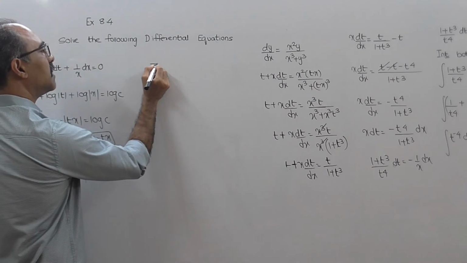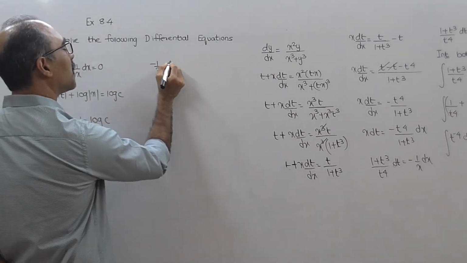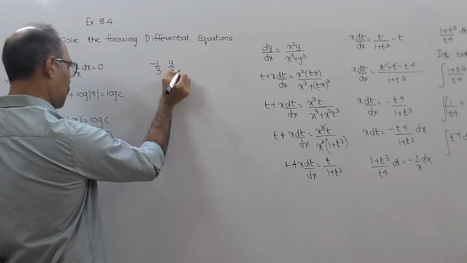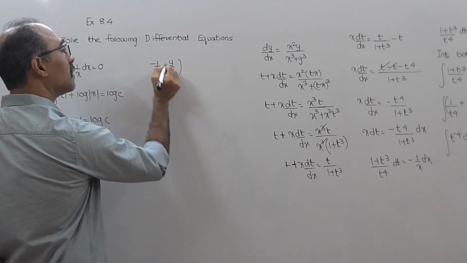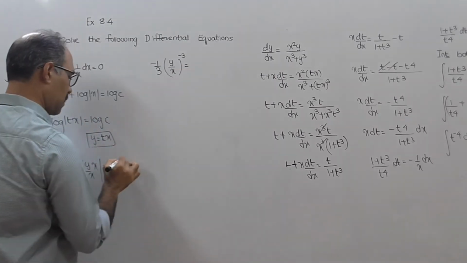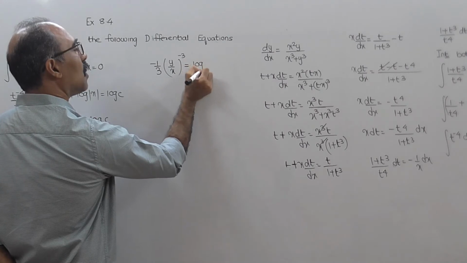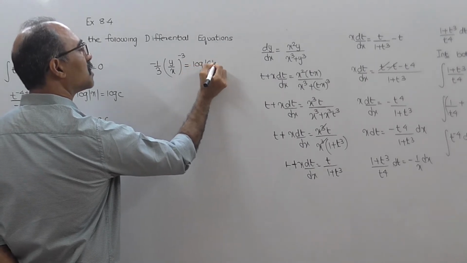So the denominator, 1 upon minus 3, I'll write it as minus 1 upon 3. I have this as minus 1 upon 3 into y upon x, the whole raised to minus 3, and this is log modulus of c.